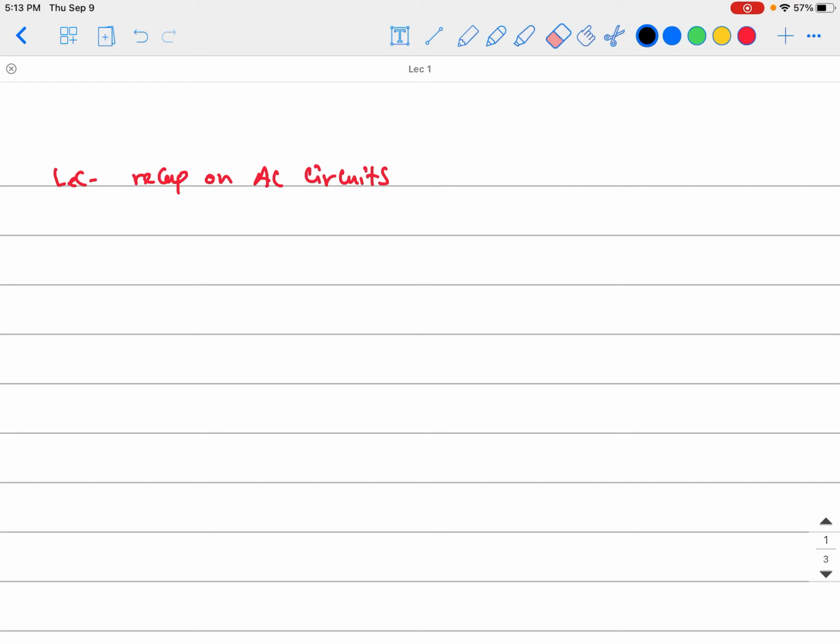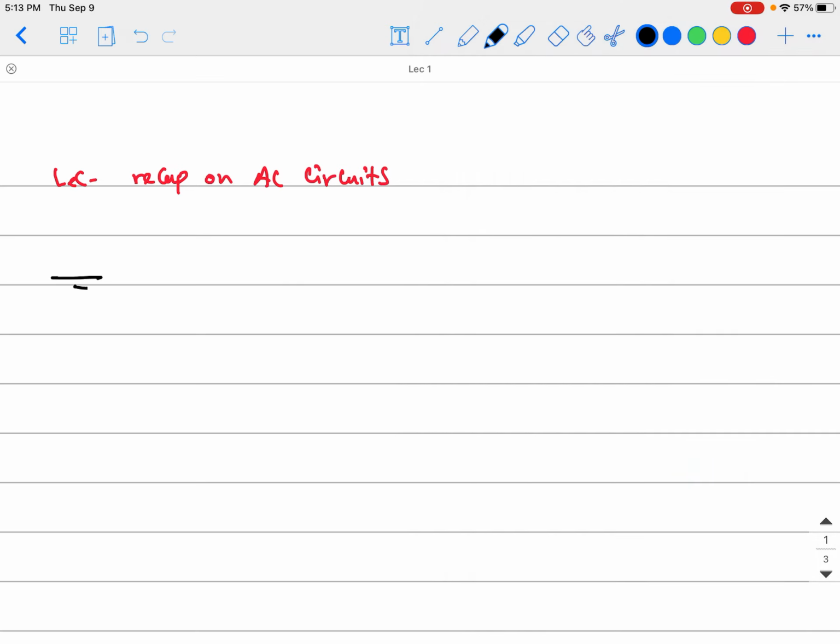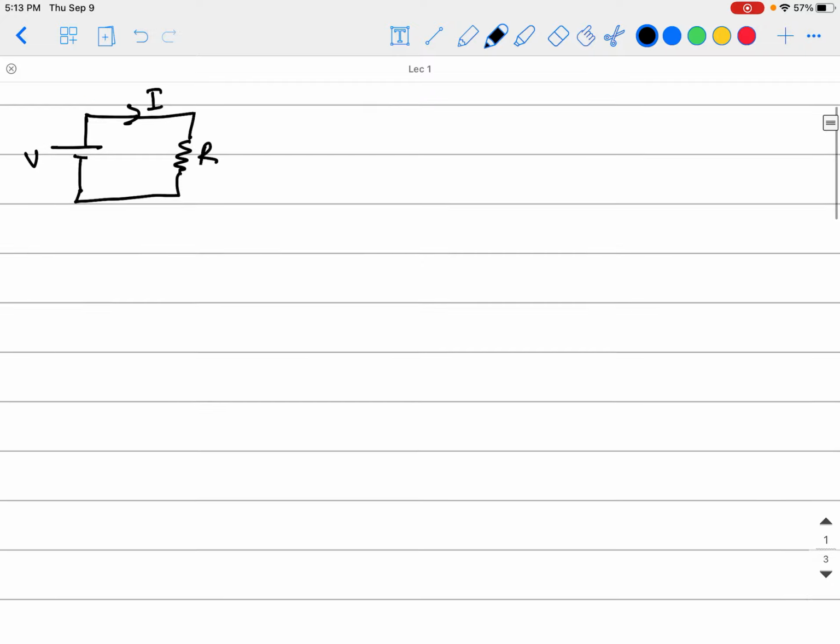So the well-known stuff here is just you have two kinds of sources. The first one is the DC source, and that is a voltage source here. We draw it like a battery like this, and if it is applied to a load R here, that is V, and the current will be I, okay?